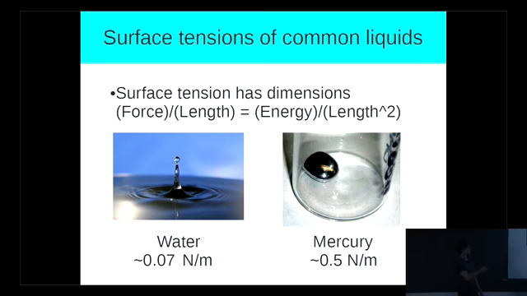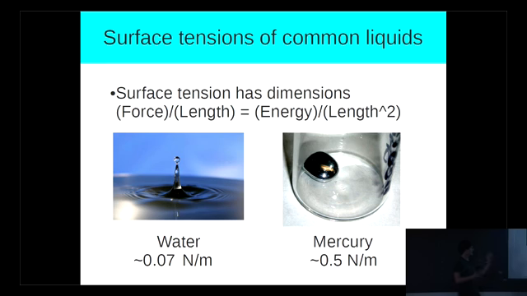If we look at the dimensions of surface tension, that makes these two interpretations more clear. On one side, we can think of surface tension as the force per unit length that an object experiences when we dip it in water.